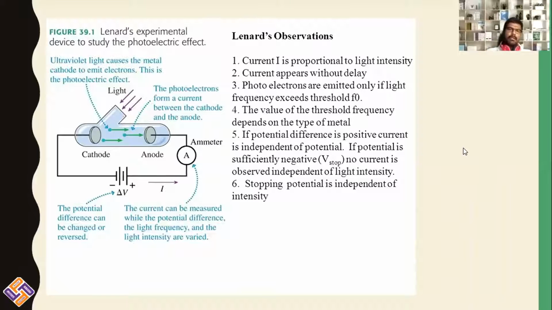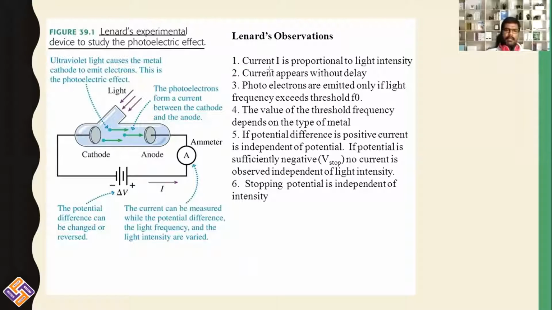As a result, electron emission takes place. The same experiment was conducted by Lenard, and we will now learn about the experimental arrangement and the experimental conclusions provided by Lenard.